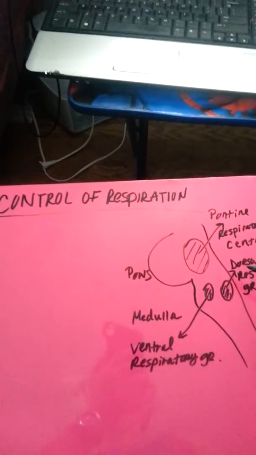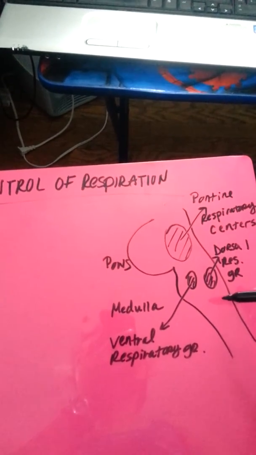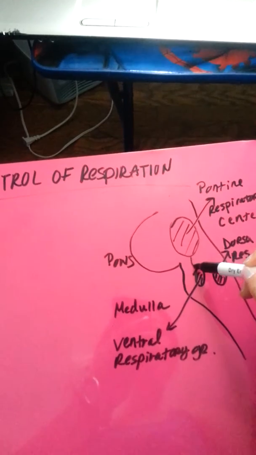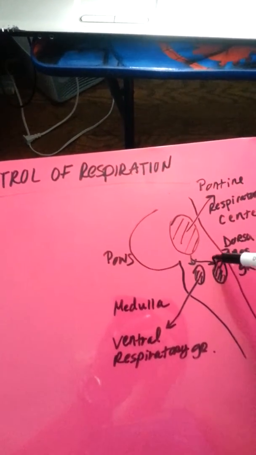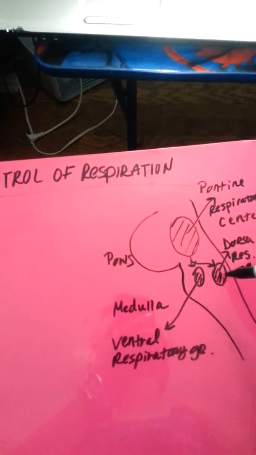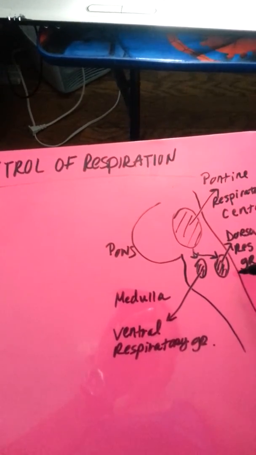The pontine respiratory center interacts with the medullary respiratory centers to smooth respiratory patterns. So this interacts with the medullary respiratory centers, which are the VRG and the DRG.